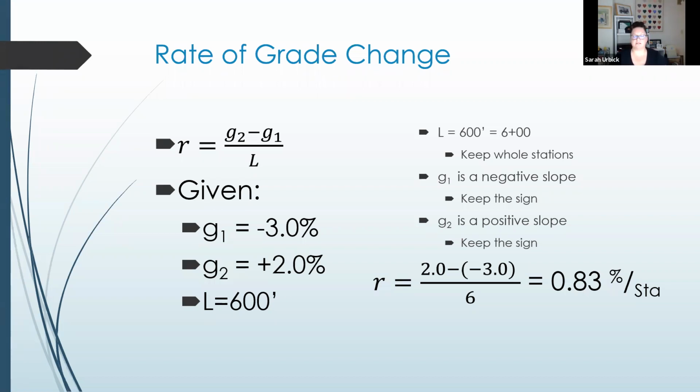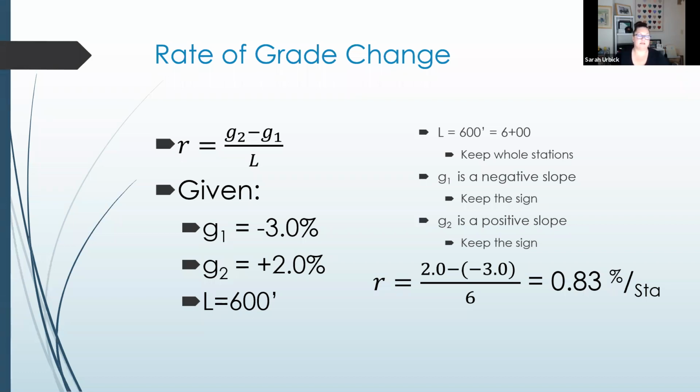The answer's on the right-hand side, by the way. I know you guys are all super excited, but you don't all need to talk at once. 6 stations, 600 feet, 6 stations.